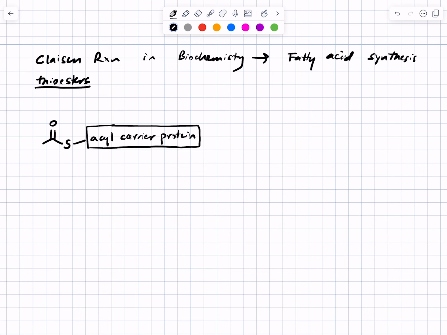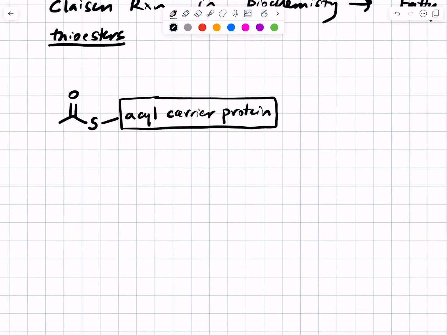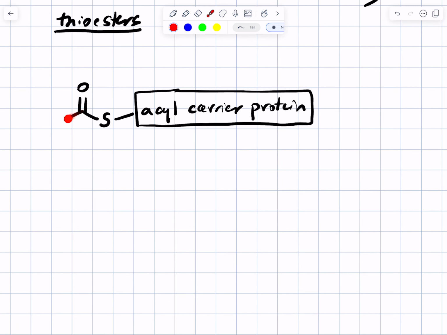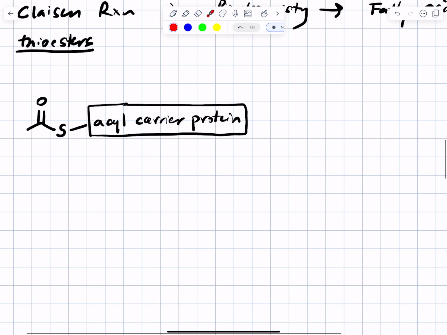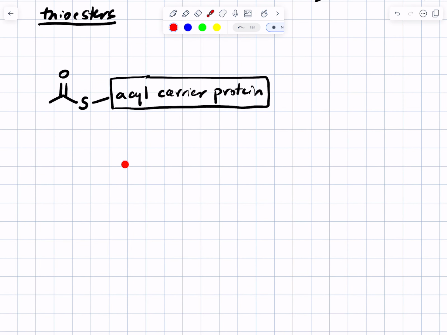Okay, so here you've got, in this case, just a 2-carbon carboxylic acid as a thioester with a sulfur from a large carrier protein. Then the other reactive partner is something called malonyl-CoA. I talked about this a couple of days ago when we talked about decarboxylation, and I mentioned that biology sometimes uses beta carbonyl acids as masked enolates.